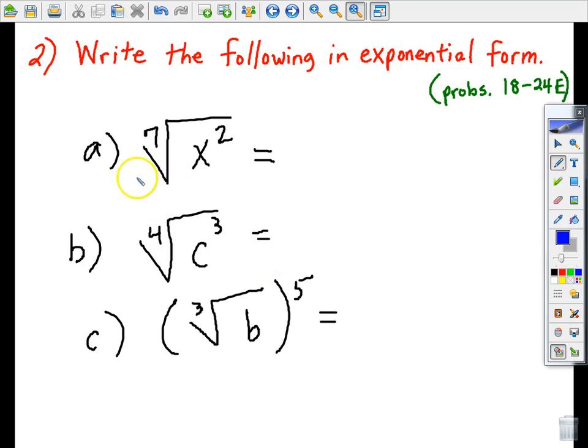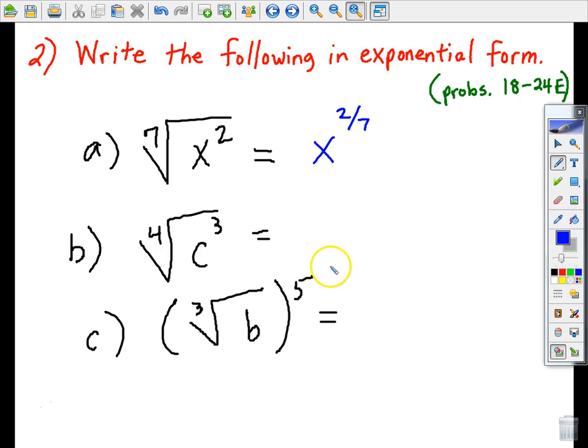So let me start with Matthew for letter A. How would that look as an exponent that's a fraction? 2/7. Okay, so it would be x to the 2/7 power.